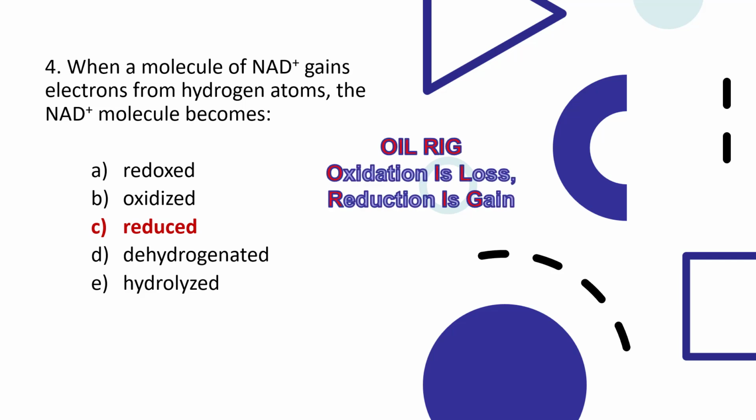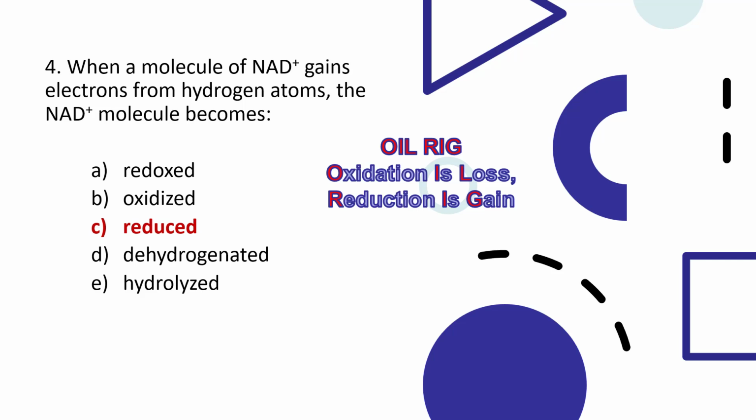I like to remember the mnemonic OIL RIG, where oxidation is loss of electrons. Reduction is gain of electrons. This helps me remember the terms oxidation and reduction. So reduction is gain of electrons, and this question told us that NAD plus gains electrons. So NAD plus becomes reduced.